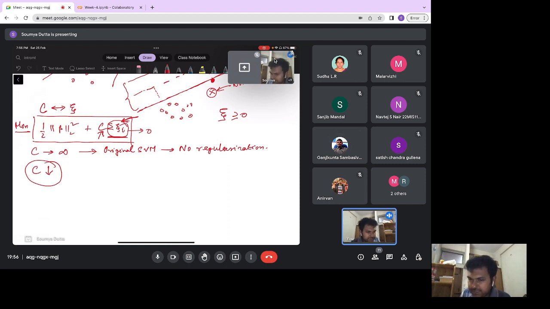Then all the zeta i's. Of course, if you understand C, you will have to understand zeta i. And the different kernel functions and the kernel trick. There is a separate lecture on the kernel trick, I believe. If you understand the kernel trick, then the rest of SVM is details which cannot be covered in a first course on machine learning. So if you keep these three, four things in mind, that is enough for SVM. Thank you.